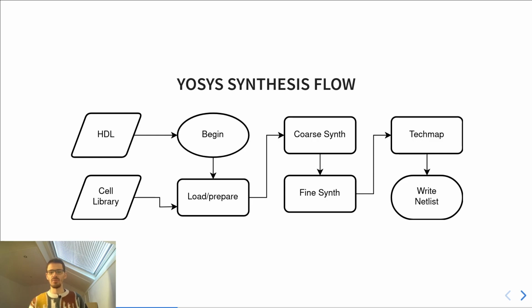The first thing that happens is it gets synthesized into coarse-level cells, which are high-level blocks, which then get lowered into fine, single-wire, single-logic cells, but still abstract ones. And finally, the tech map step takes the abstract ones and converts them into vendor-specific technology nodes, and then it writes this netlist out.